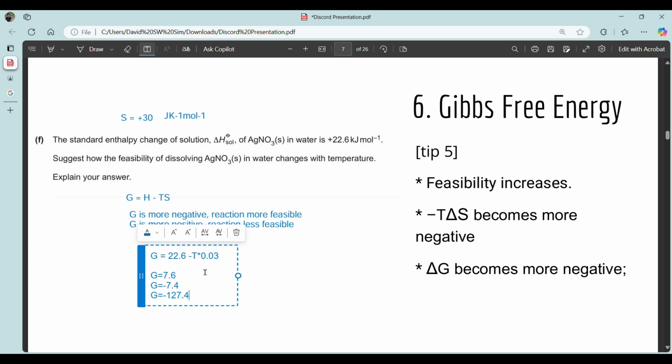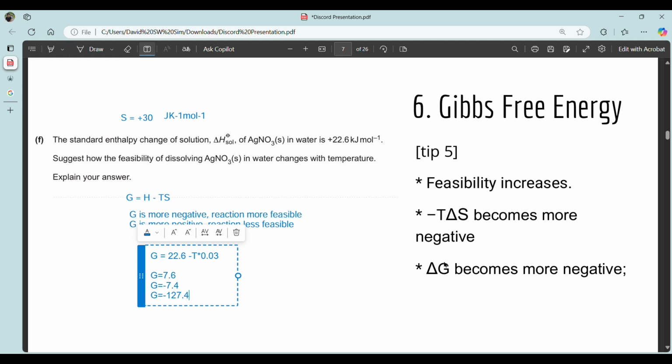As you can see, when you keep increasing the temperature, you are causing negative TS to make the Gibbs free energy more and more negative. And when G is more and more negative, it means the reaction is becoming more and more feasible.